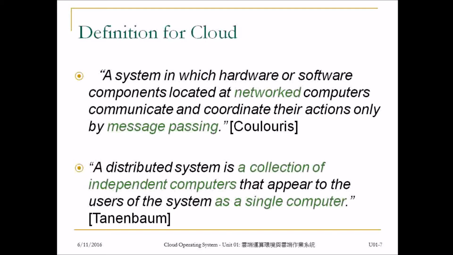To describe the cloud computing ability, we can say a distributed system is a collection of independent computers that appear to the users of the system as one single computer.